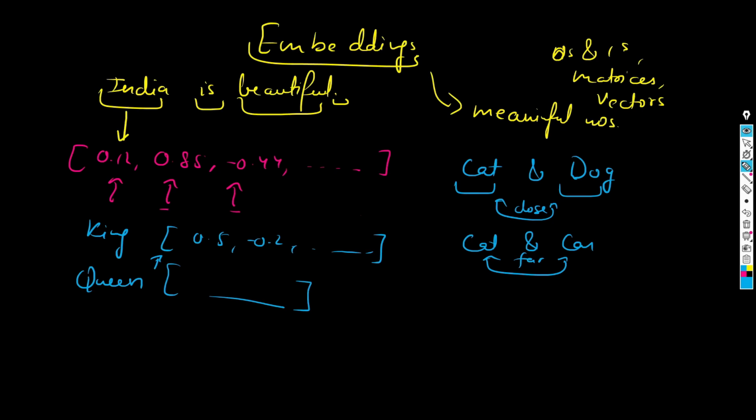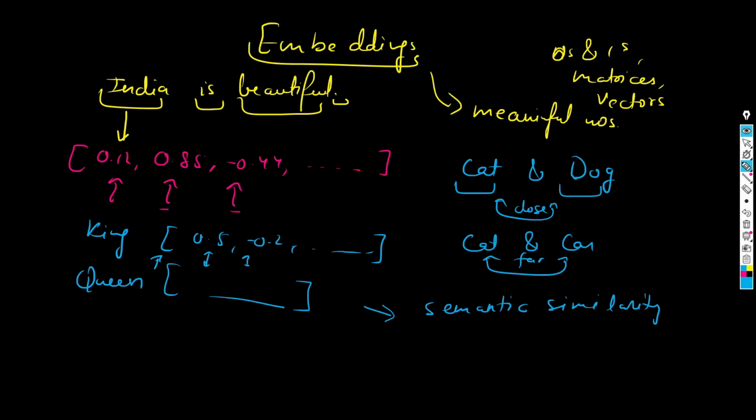So distance between the embeddings shows the semantic similarity. When you calculate the distance between the embeddings, you talk about something called semantic similarity. This similarity shows us that these two words are related to each other.